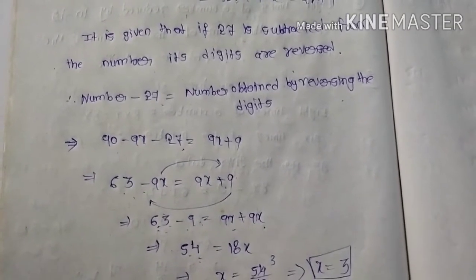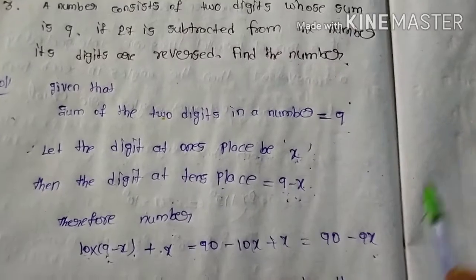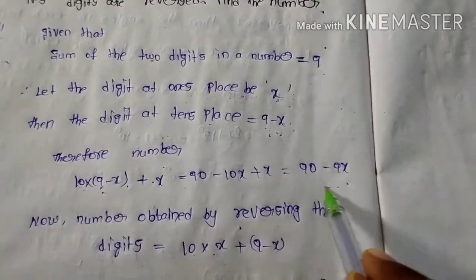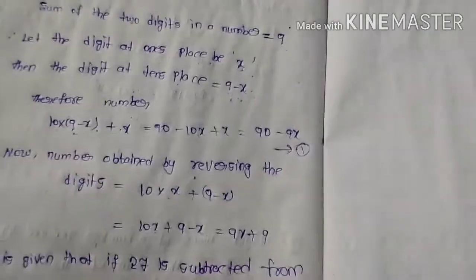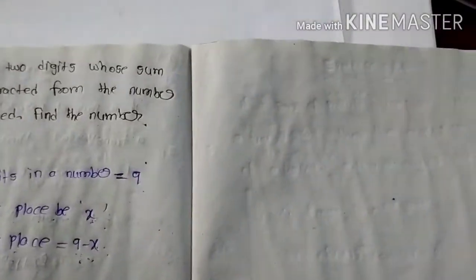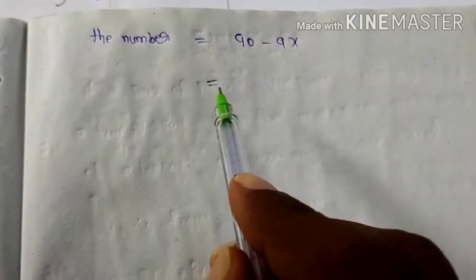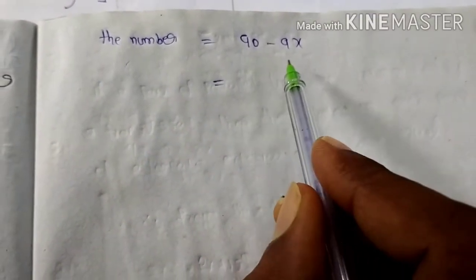After that you can substitute this in equation 1. Where is the original number? Consider this as the first equation. The number is equal to 90 minus 9x.